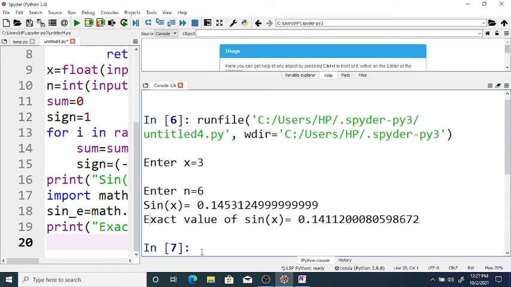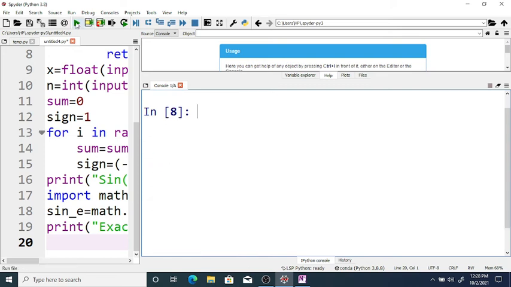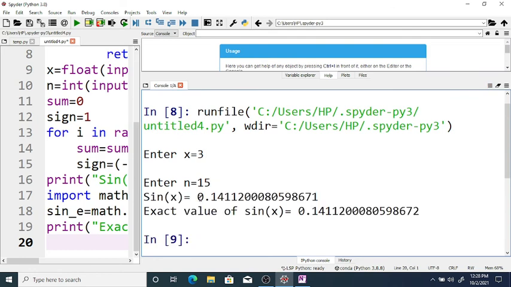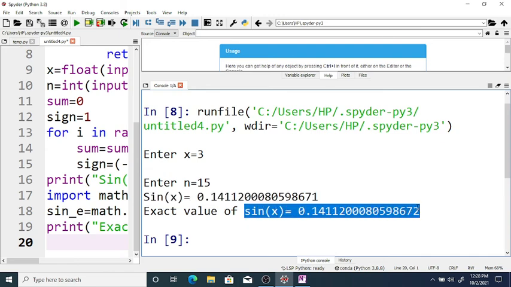If you increase the number of terms, then the approximate value, that is the series value, is very close to the exact value. So here if you enter x is equal to 3 and number of terms say 15, then you can observe the value obtained from Maclaurin series is very close to the exact value of sin x.